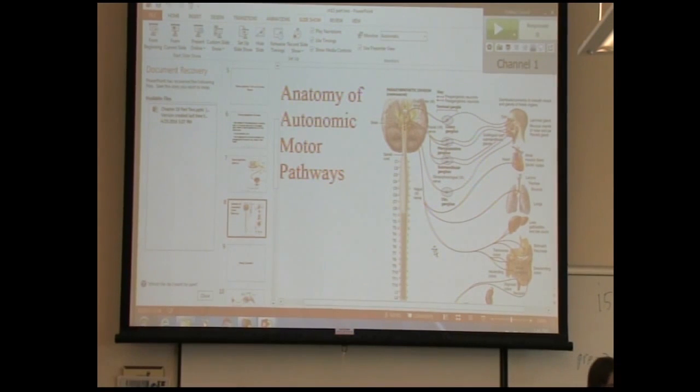So from the brain to the brainstem, through the preganglionic neuron, which goes as part of the vagus nerve, and then it meets the postganglionic neuron at the heart, basically.